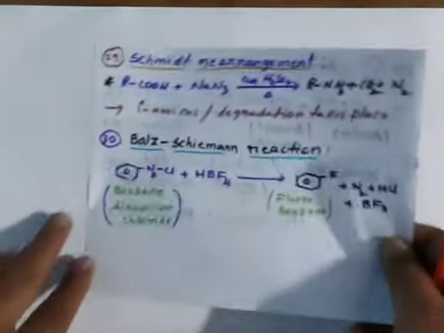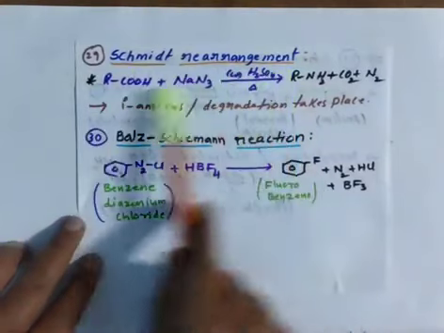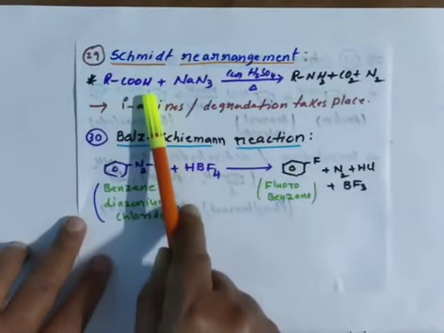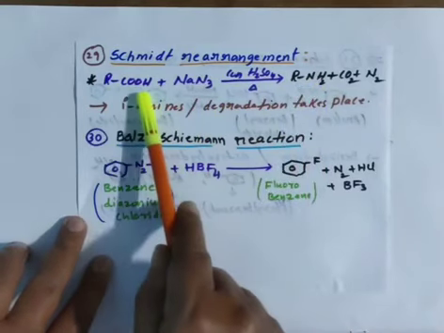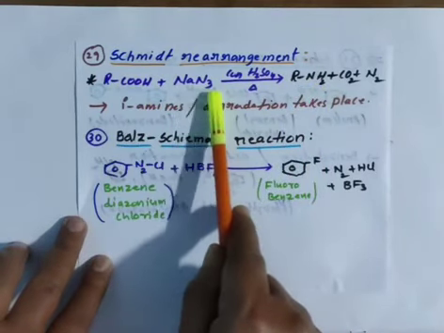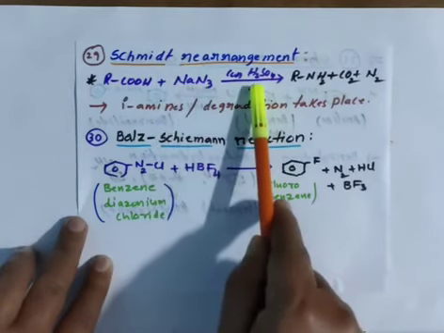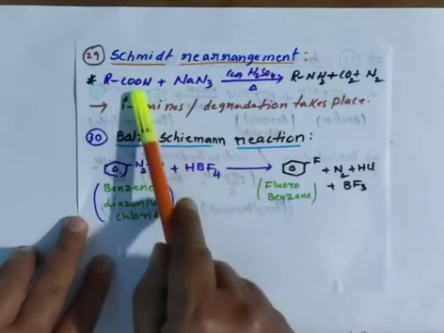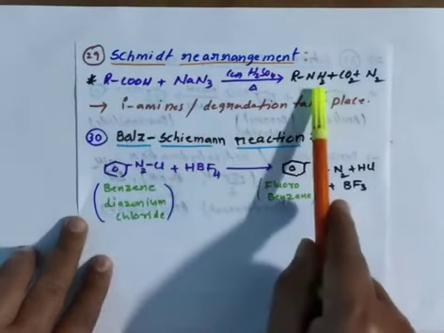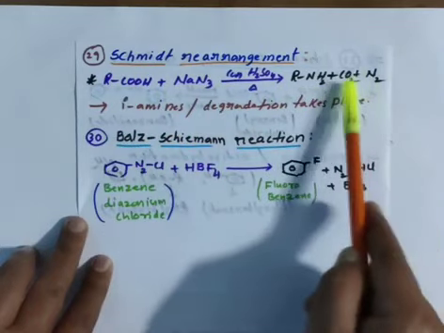Next, we have another named reaction, that is the Schmidt rearrangement. Here carboxylic acids are converted to primary amines, and the carboxylic acid is treated with sodium azide, NaN3, in the presence of concentrated H2SO4 and heated. The COOH group is converted to an NH2 group, and carbon dioxide and nitrogen gas are eliminated.